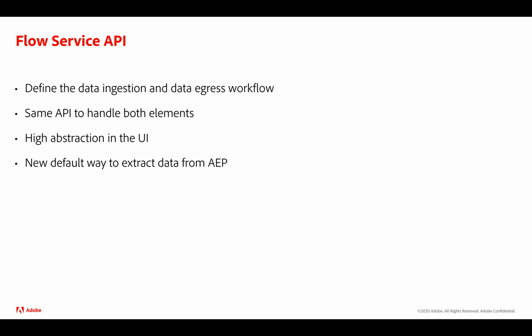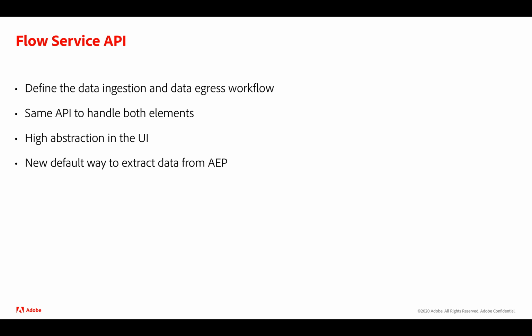Flow Service API is to define how the data will be ingested and how the data will be transported to the different destinations. It's the same API to handle both elements, to ingest and to send data. It has a high abstraction in the UI that makes it quite complex to understand what is going on when you use the API, but we will go through that when we go through the data flow, the Flow Service API.